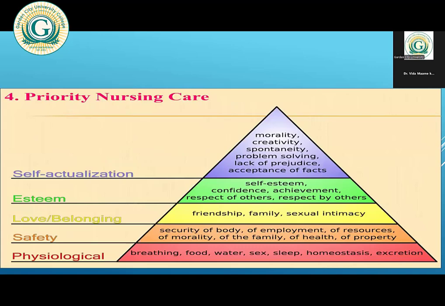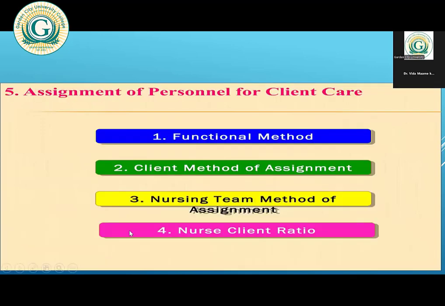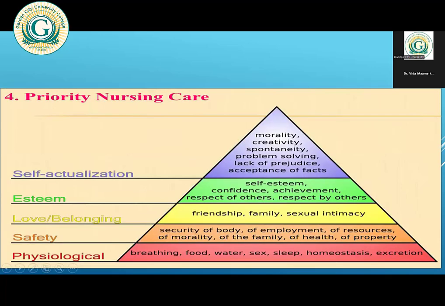So you can use this as self-actualization, esteem, love, belongingness, safety and all those things. Then number 4 priority is what?